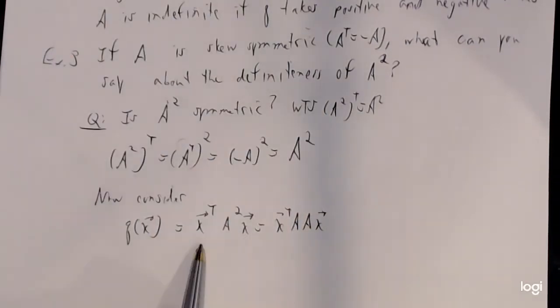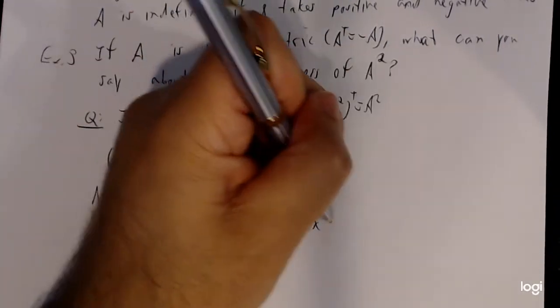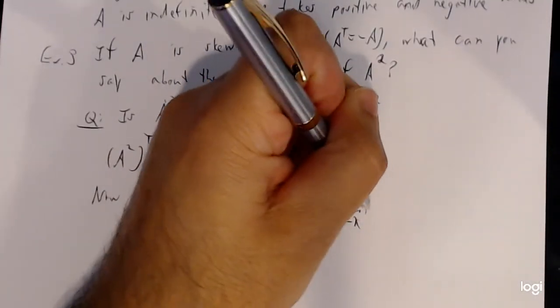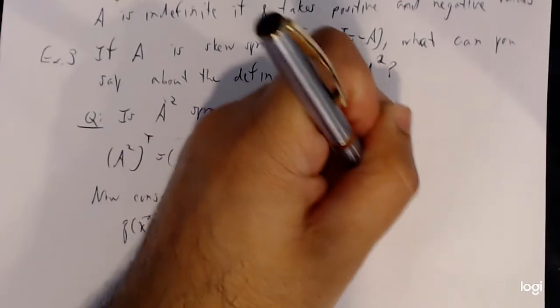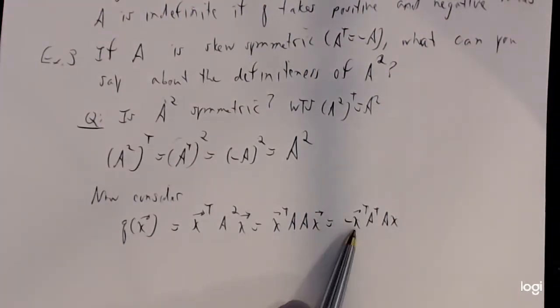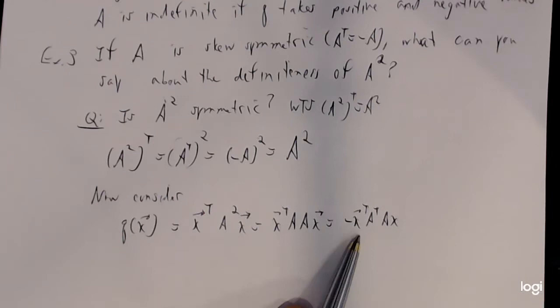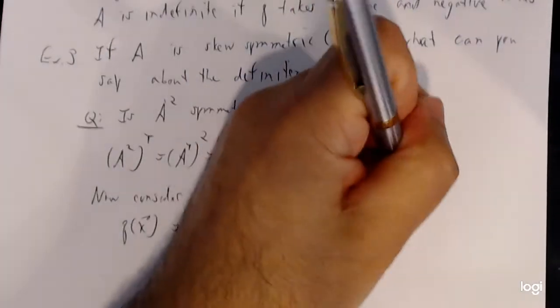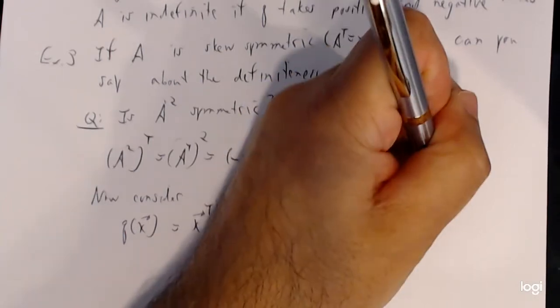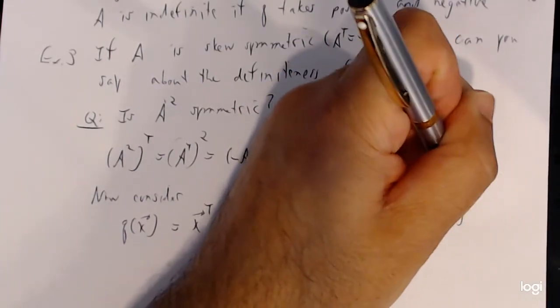I just expanded this out. Then we can say this is the same thing as negative x transpose A x. Why did I do that? Because I'm trying to get these to match up. Since A is skew symmetric, if I take the transpose of this, I get the opposite of it. And then this becomes negative Ax transpose.